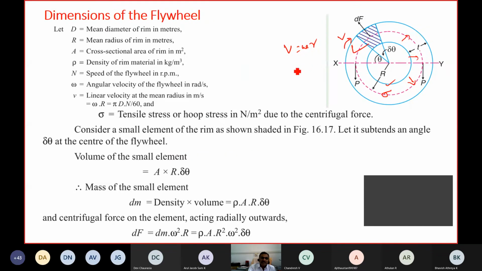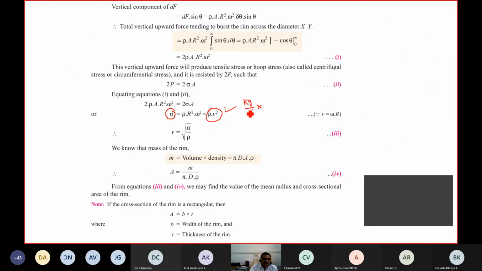Omega is equal to 2 pi N by 60, and V is omega into r. Rho is the density of the material, and V is the velocity of the flywheel in meter per second, squared.